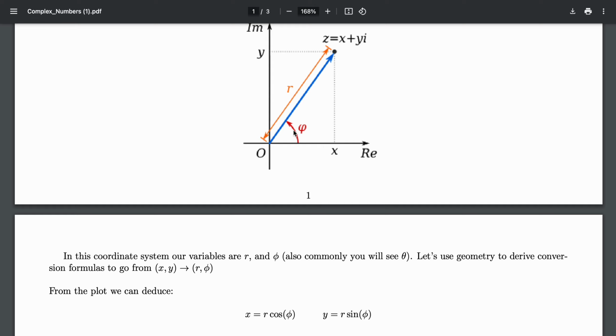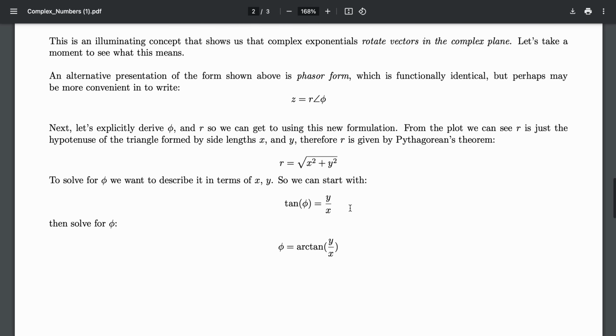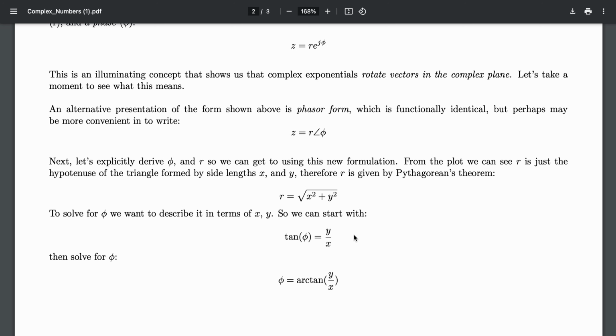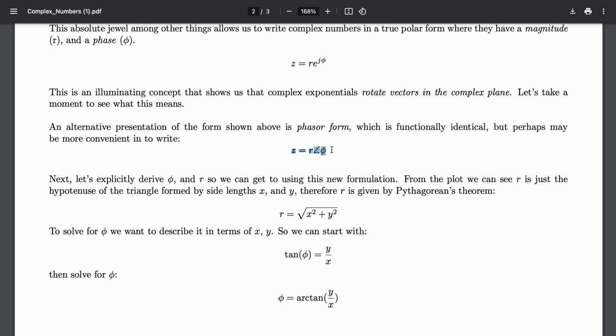The tangent of phi is the opposite over the adjacent side, so tangent of phi is equal to y over x. Then to isolate phi, we take the arctangent of both sides, and that tells us that phi is equal to the arctangent of y over x. Cool. So now we have this form, which is very beautiful and allows us to think about complex numbers in a very interesting way. And we have conversion formulas that tell us exactly what r and phi are.